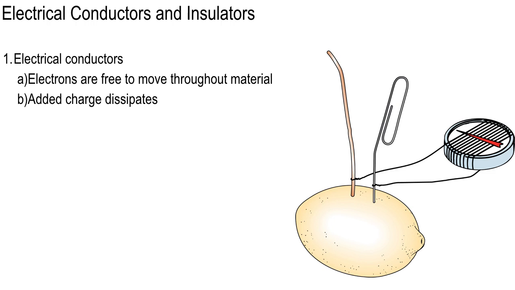If you add charge to a piece of metal by contact, those extra charges will tend to move easily, and they'll set up shop where they're as far away from each other as they can manage, right? By repulsion. So they're going to tend to dissipate.